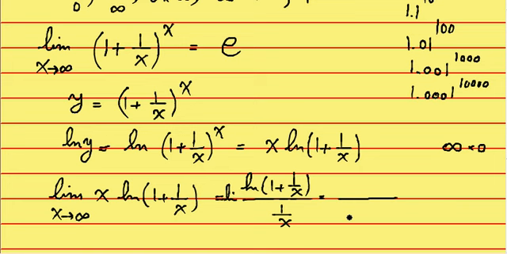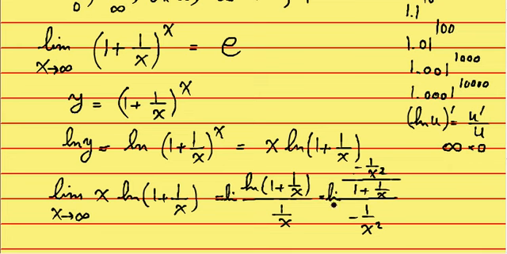That's easy: minus 1 over x squared. Derivative of the numerator: what's the derivative of the logarithm of u? That was u prime over u. I have to take a derivative of this. The derivative of that is minus 1 over x squared, divided by, here's the u, 1 plus 1 over x.